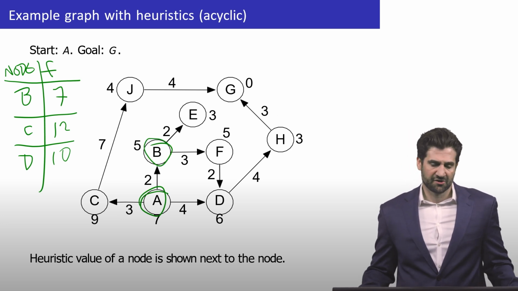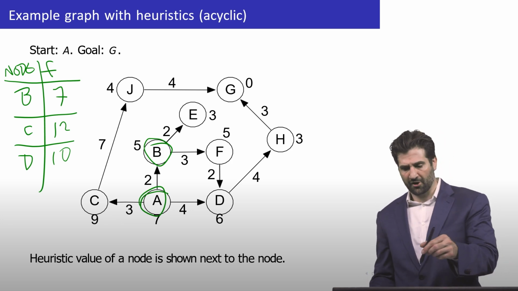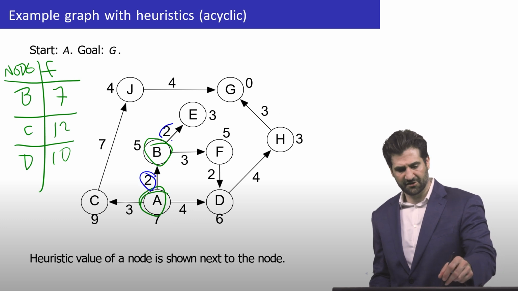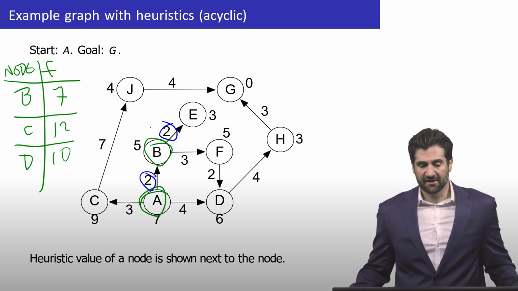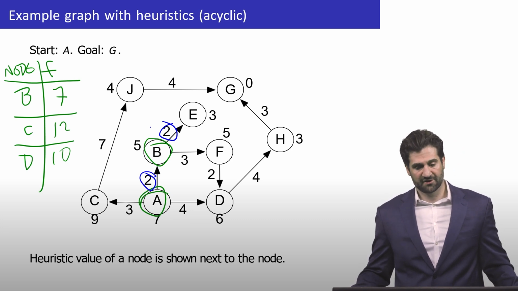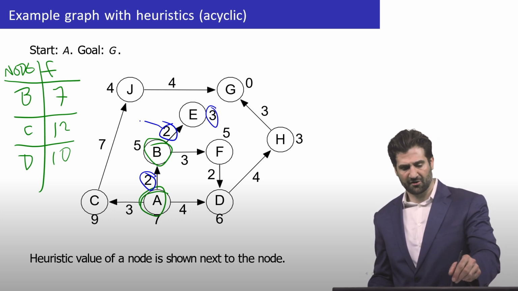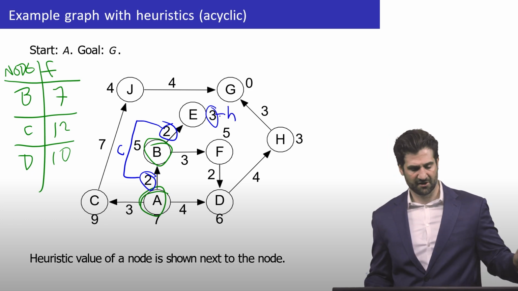Okay? So we have 2 options there. We can go to node E or F. Well, the cost for E is going to be 4 because we have got 2 and 2. So we've got both those 2's, and then we've got a 3 for the heuristic function there. So these are your cost, and this is your h, okay?